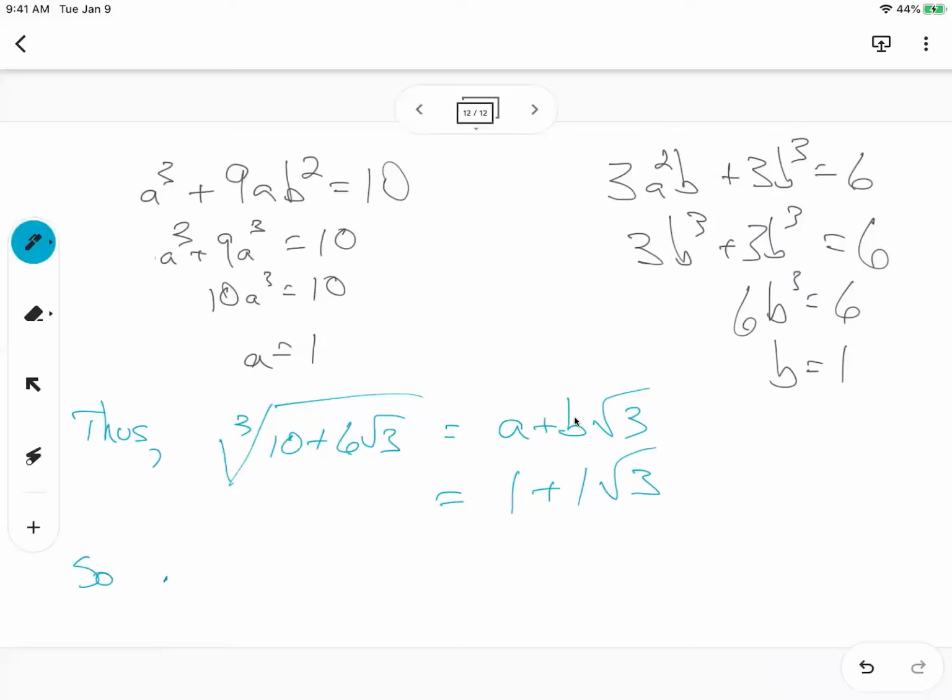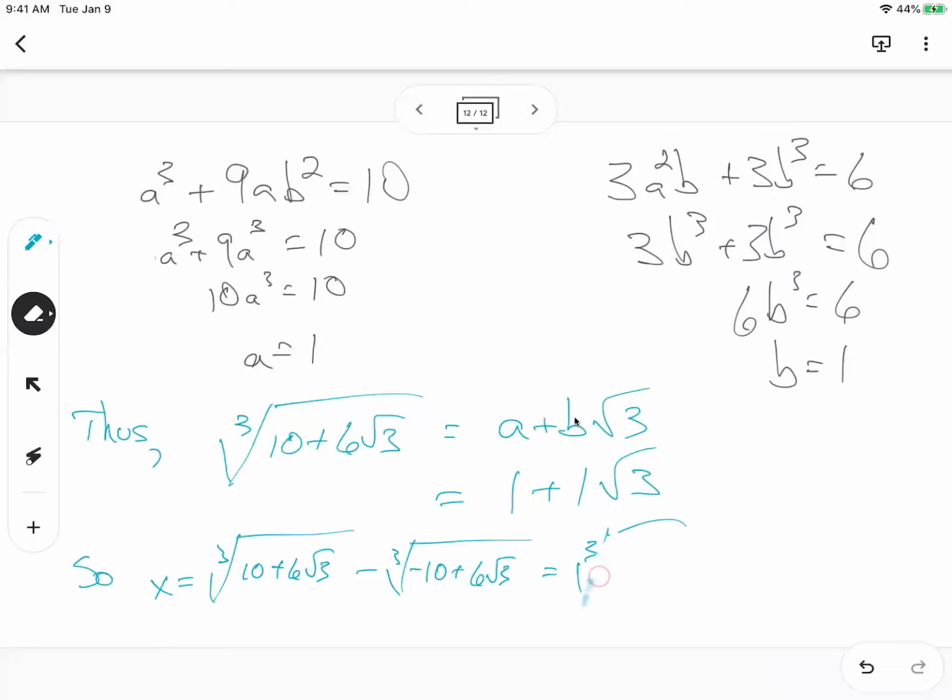So my solution to this cubic, which was written cube root of 10 plus 6 root 3 minus the cube root of negative 10 plus 6 root 3, that's the same as saying, nope. So now I'm substituting this in for the cube root of 10 plus 6 root 3.